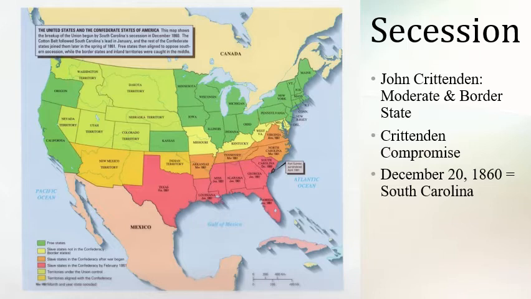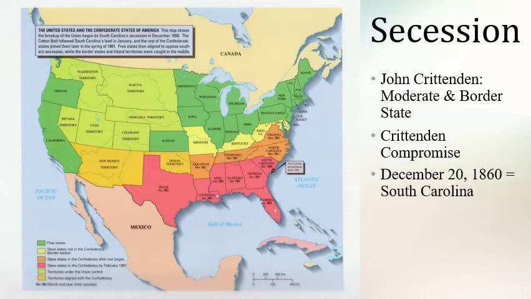These included expanding the Missouri Compromise all the way to the Pacific Ocean, allowing for the continuation of the interstate slave trade, and finally, requiring federal compensation for slave owners who were unable to retrieve runaway slaves. Rejected by Lincoln, the compromise was narrowly defeated in the Senate by a vote of 25 to 23.